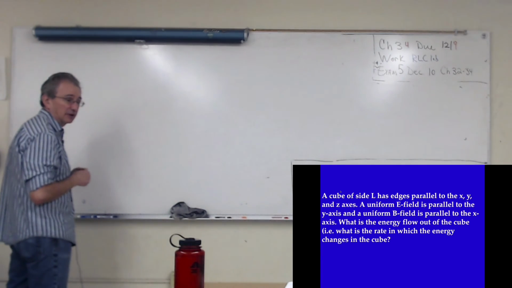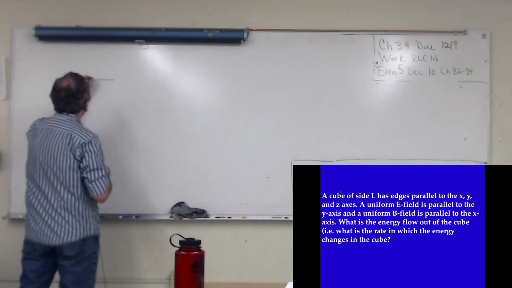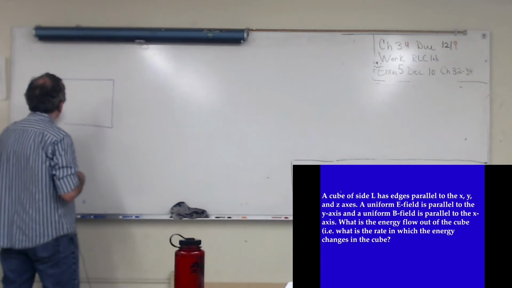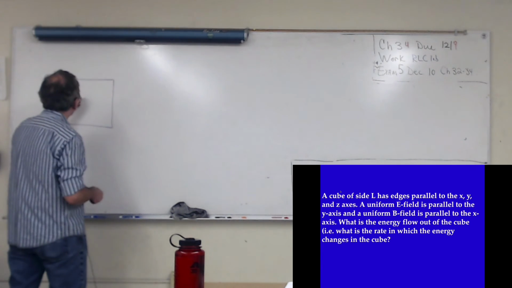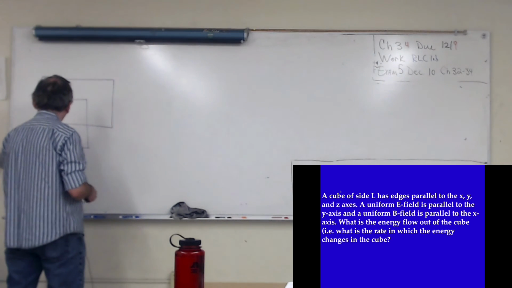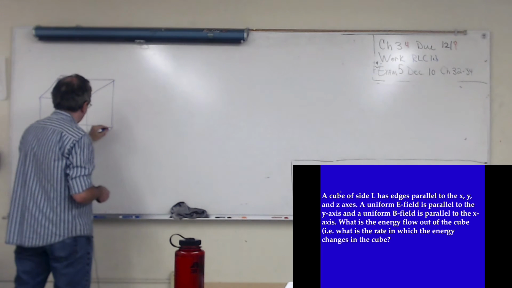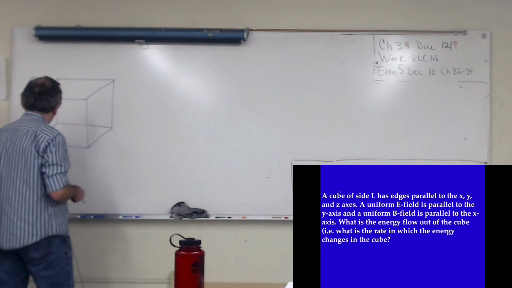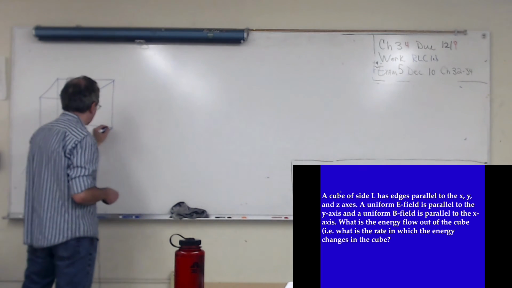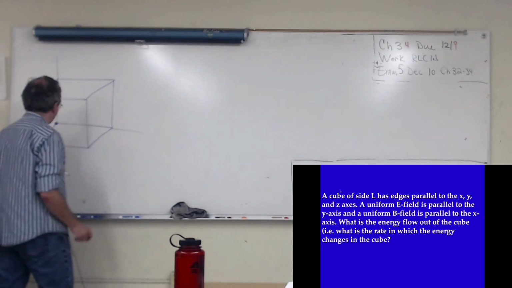Suppose I have a cube. Or let me draw an imaginary cube, not a real cube. Sorry. And I'm going to use this corner of the cube for my axis, so one corner is at the origin.